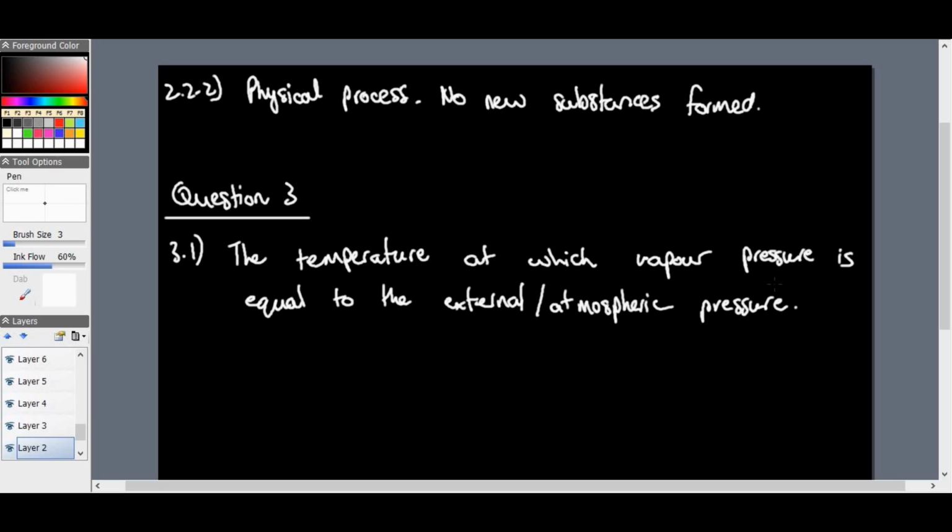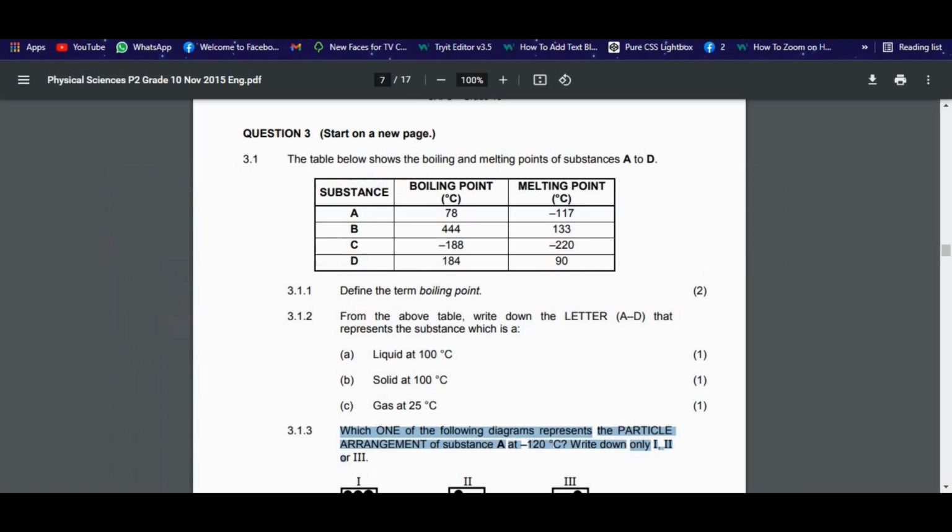Of course, a phase change will happen at boiling point, usually, as we see with water. Let's go to 3.1.2. I would advocate for this one, equal to the atmospheric pressure rather than saying external pressure. That's just my piece of advice there.